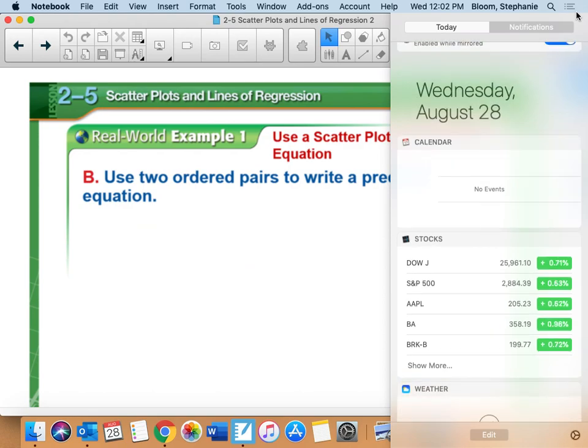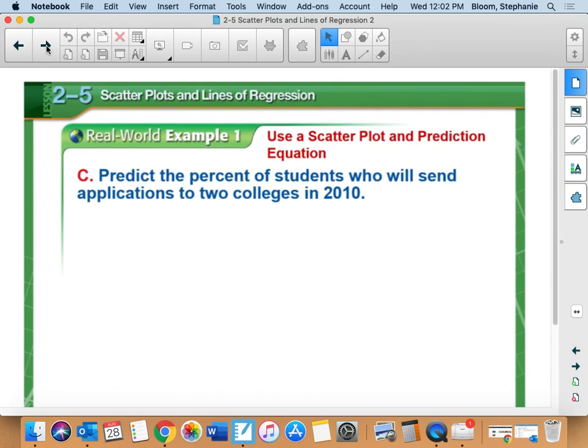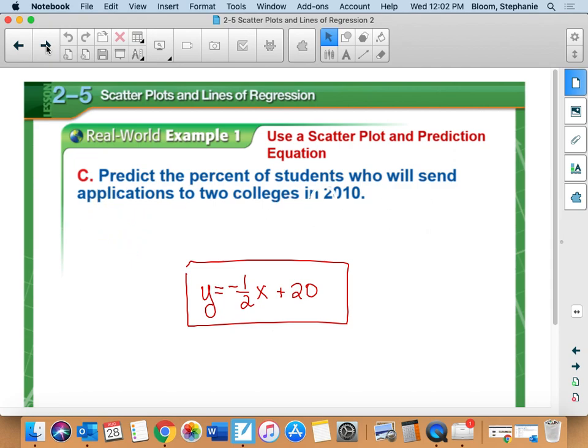Okay, looking then at the next part of this question: predict the percent of students who will send applications to colleges in 2010. So again, you can use your picture, that's what I was talking about at the beginning, and make your prediction, or we came up with this equation, so let's use this equation.